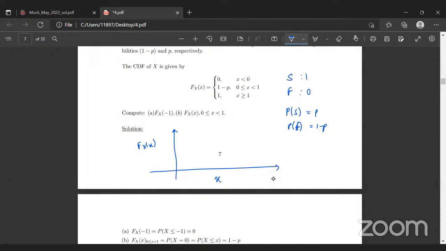Since x takes only 2 values, 0 and 1, and our Fx is a function from the real line to [0, 1], let's say this is your 0 and here it is 1. For any x less than 0, your CDF is going to be 0. Now for any x that lies between 0 and 1, the random variable can take either the value 0 or the value 1.